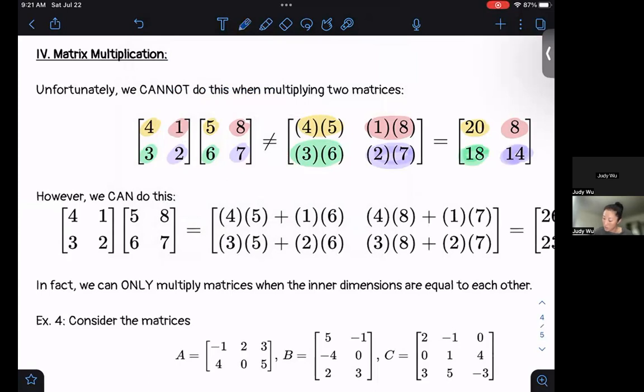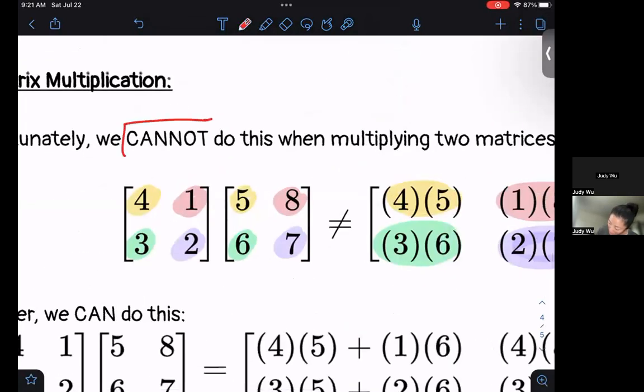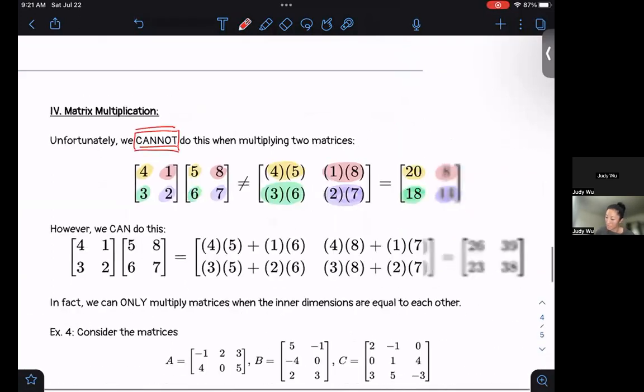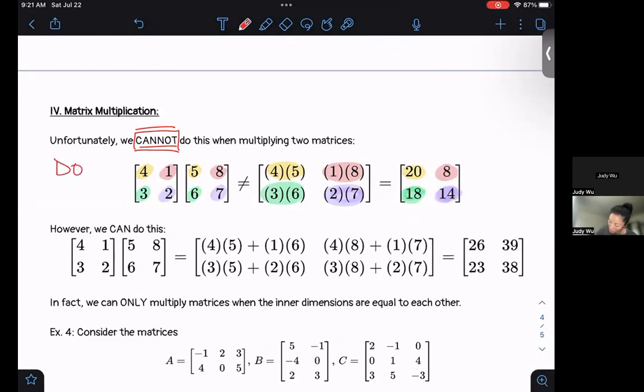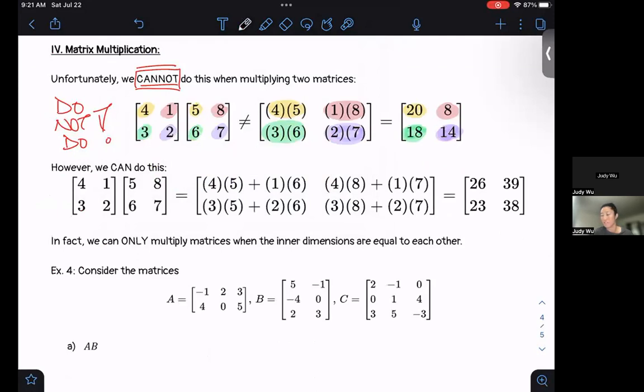I want to reiterate that we cannot do this, so do not do this. I will be very, very sad if I see your paper and you just multiply each of the entries together.